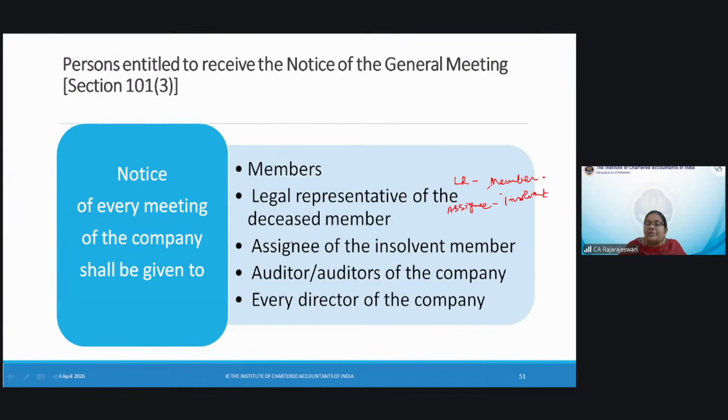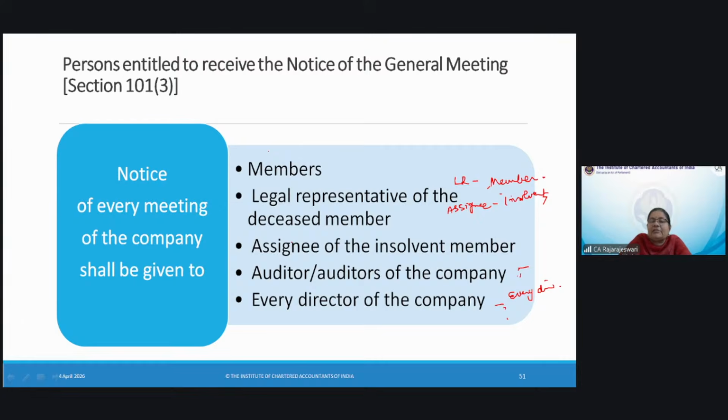They are also eligible to get the notice. Then the auditor or auditors, say internal auditor, external auditor, the person who has given the certificate, then every director of the company. You should give the notice to every director, be it a whole-time director, nominee director, executive director, non-executive director, by whatever name you call them, you should give the notice to all of them.